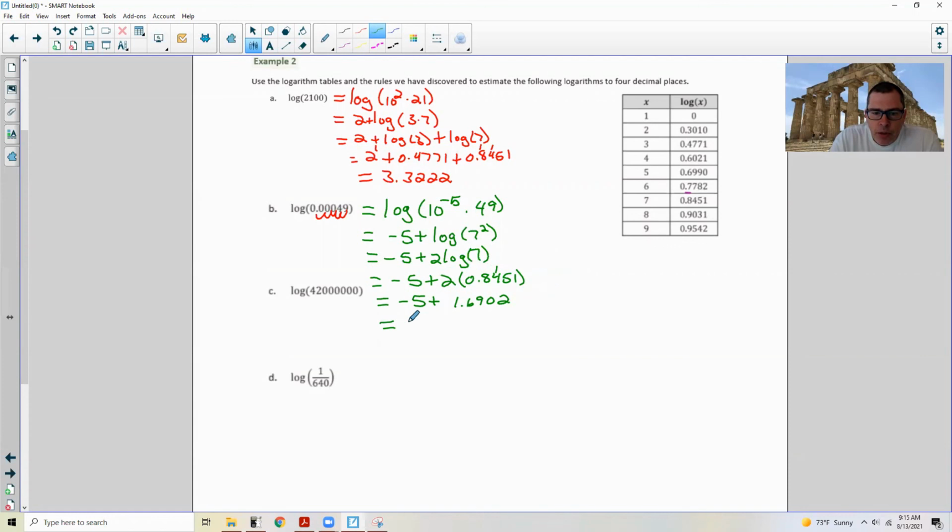So that is going to equal a negative 3 point. I'm not taking a total of 2 away. I need to find what this would get me to. Is that right? No. No.